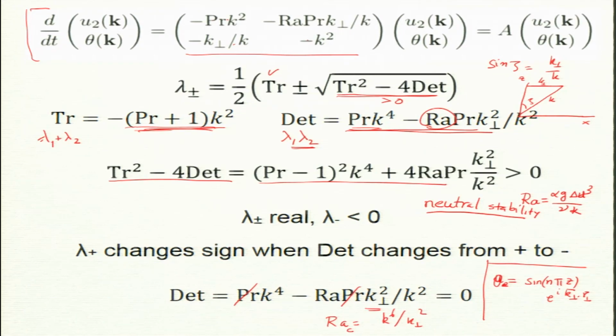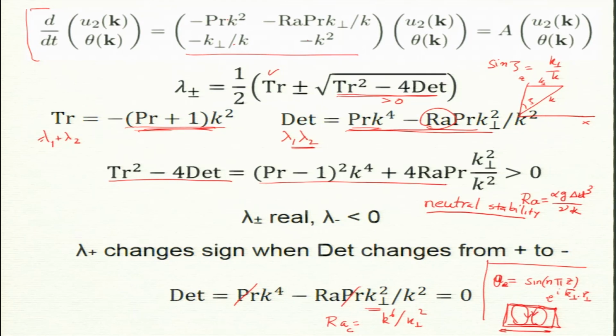So, in the vertical direction my roll will be like that, as we know from our school days, and in the horizontal direction it is periodic. In fact, I need to worry about the size of a pair of rolls like this. So, my box size will determine k perp. I am going to come to that.